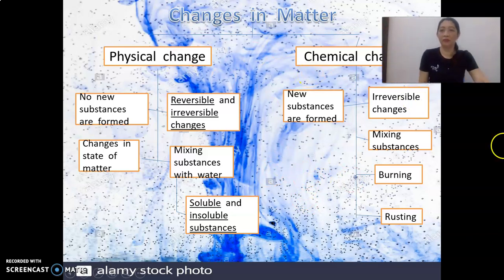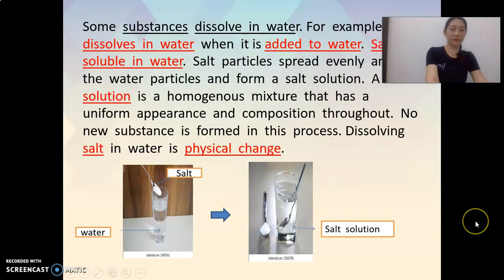So some substances dissolve in water. For example, salt. This is salt. Salt dissolve in water.